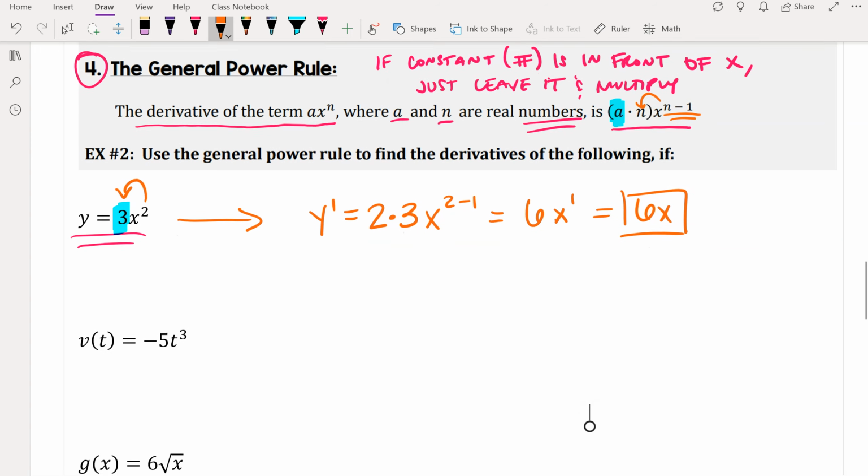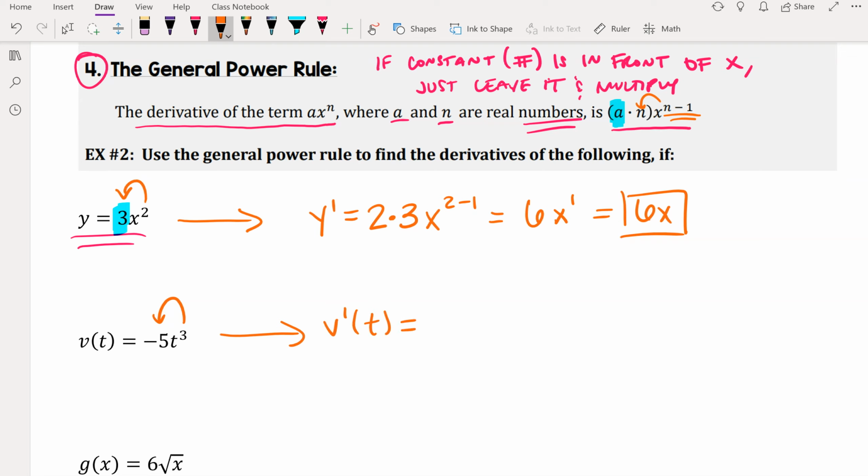All right, cool. For v of t equals negative 5t cubed, we are going to take that, multiply it out in front. We get v prime of t equals negative 5 times 3 is negative 15 t, 3 minus 1 is 2, so negative 15t squared.